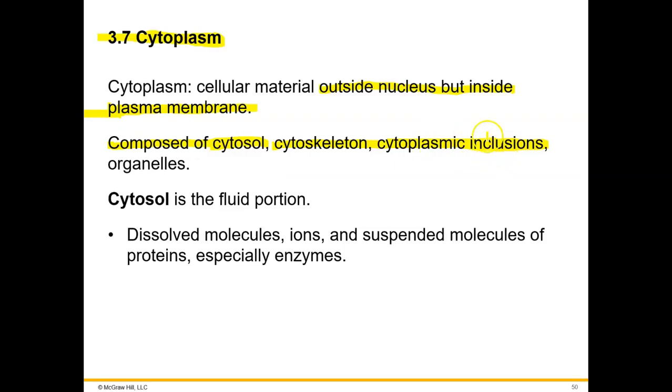Pigment molecules inside of a plant cell are inclusions. And then the organelles, or little organs like the mitochondria, that play certain roles in maintaining the cell. The fluid portion of the cytoplasm is the cytosol.